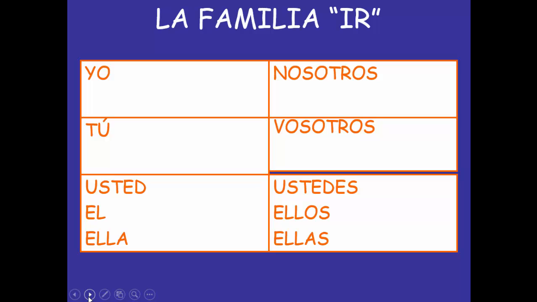The yo form, since ER and IR verbs are first cousins, the ending is going to be the same. O. Tú form, es. Why is it not is? Well, like I said, ER and IR verbs are cousins, and they're going to do almost everything exactly the same. You could even possibly call them fraternal twins. They do almost everything exactly the same, but not quite.